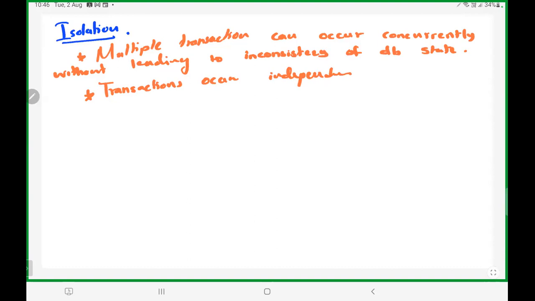And whatever changes occur in one transaction will not be visible to others.